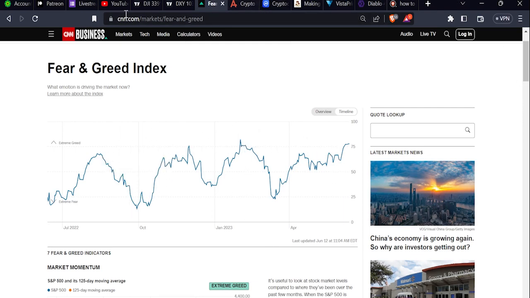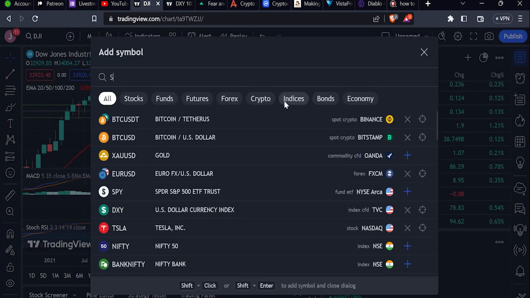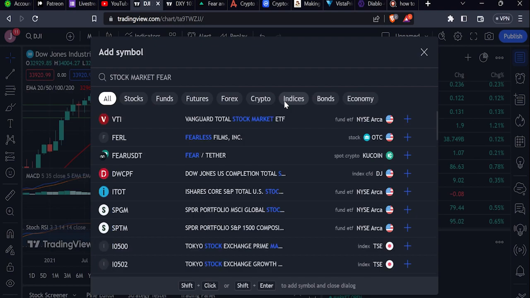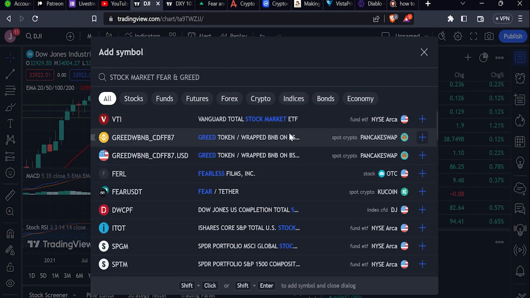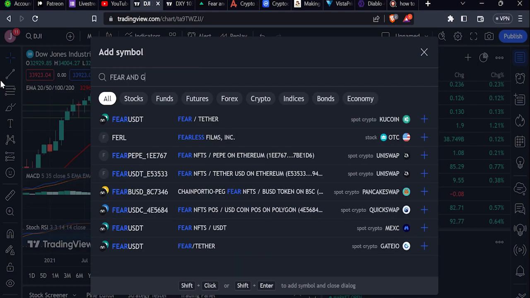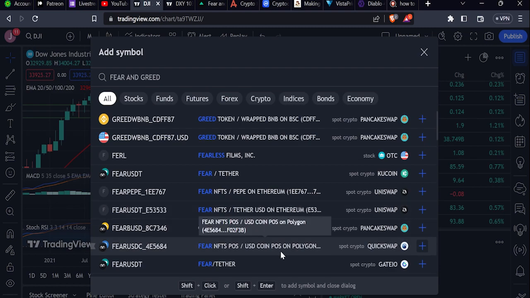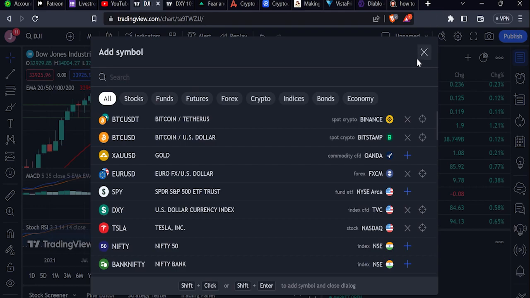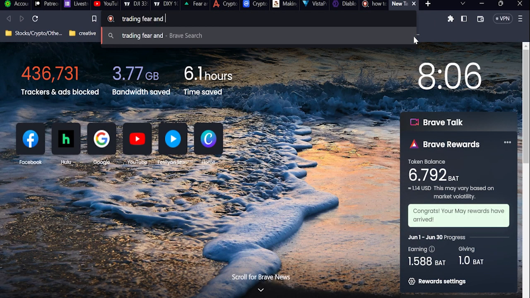But I'm curious now. Maybe I could go check it out on TradingView. So stock market fear and greed. Fear and greed. Let's see. Is there such a thing here? Or let's just put fear and greed. Nope. Maybe we could take a look on Google. Usually Google will tell you if there is a TradingView fear and greed.